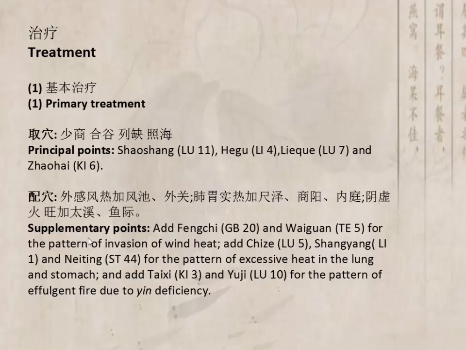Large intestine 1, again, LI1 and lung 1 can be used similarly to clear the heat. Stomach 44 is the Ying spring point for heat clearing from the Yang Ming on the stomach end of the channel. And when we have a yin deficiency, kidney 3, lung 10, which is very interesting.